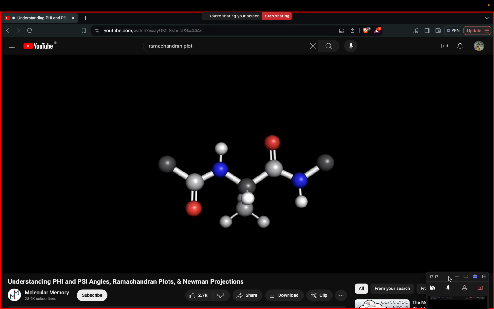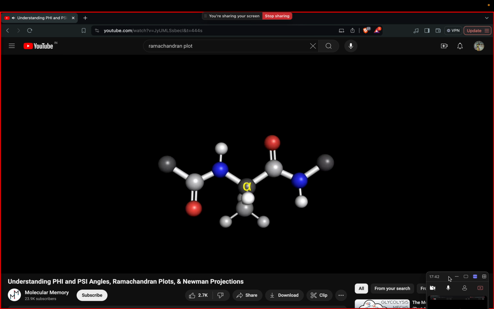Those atoms can obscure other atoms and make the analysis of the angle a little more difficult. The phi angle is defined by rotation about this bond, from the alpha carbon to nitrogen, which I've colored magenta. And the psi angle is given by the bond from the alpha carbon to the carbonyl, which I've colored green.